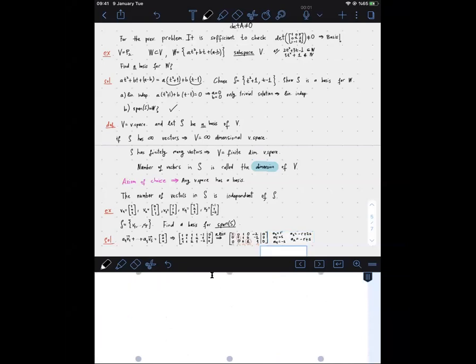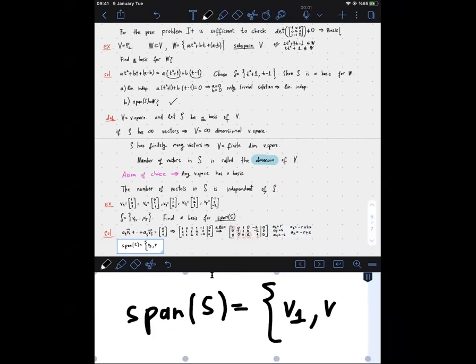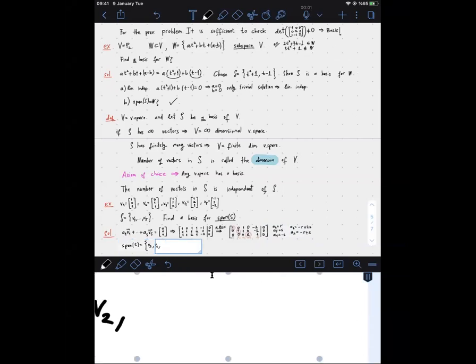This shows us that I can choose the basis of span of S as the vectors which have a leading one, and those vectors are vector 1, vector 2, and vector 4. Why?